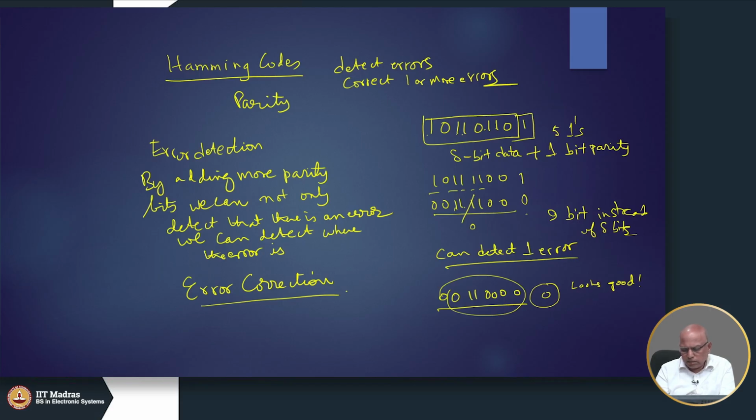These error detection and correction schemes were originally invented for communication. When we communicate data, things may go wrong. For example, we may have stored the data on disk.